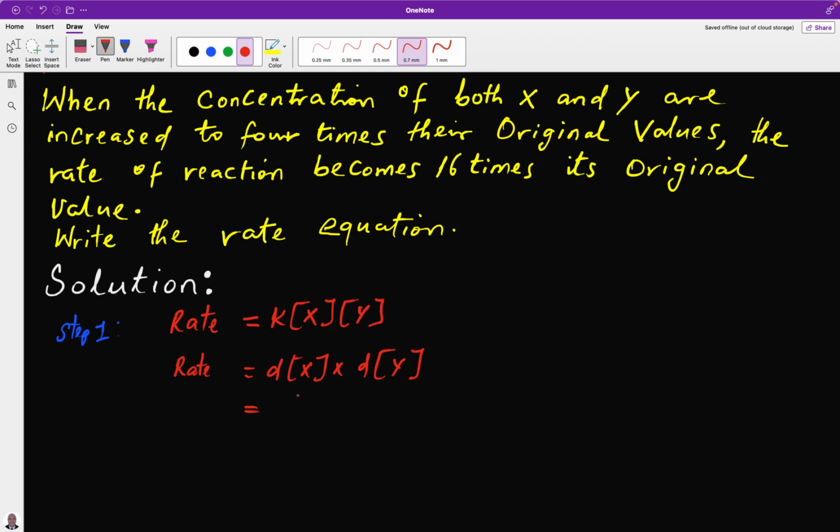So now the concentration here has changed. It is increased to 4 times. Let's put a 4 there. The change in the concentration will be 4 times.